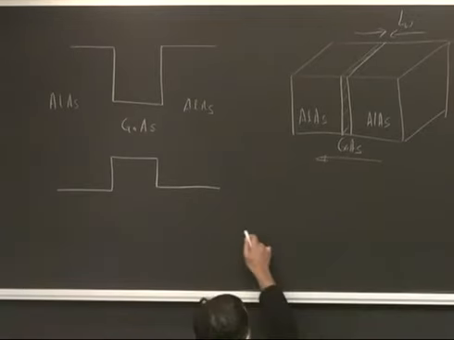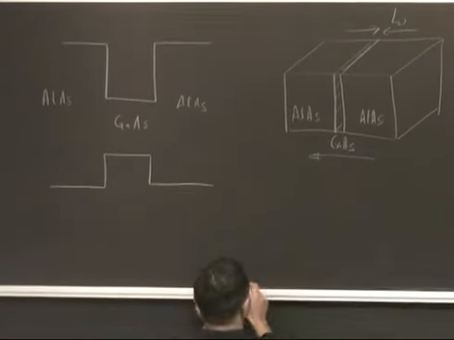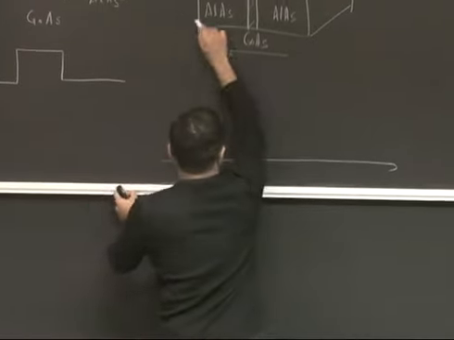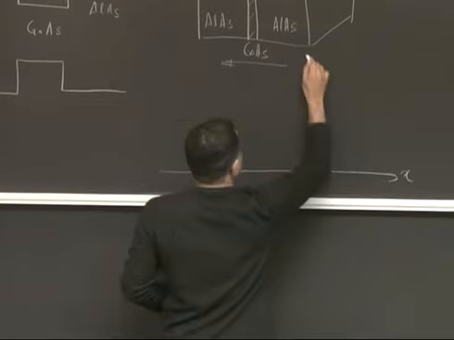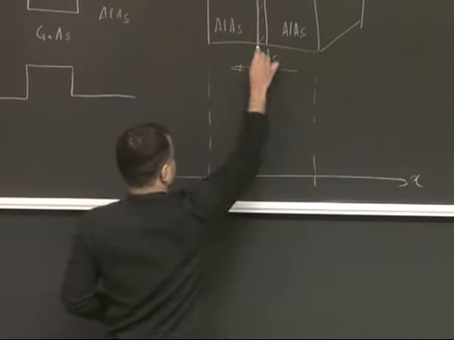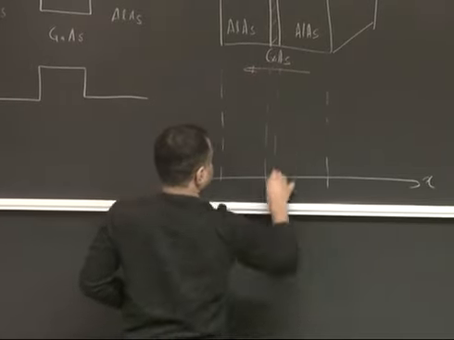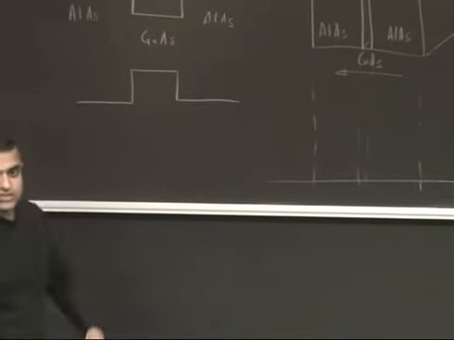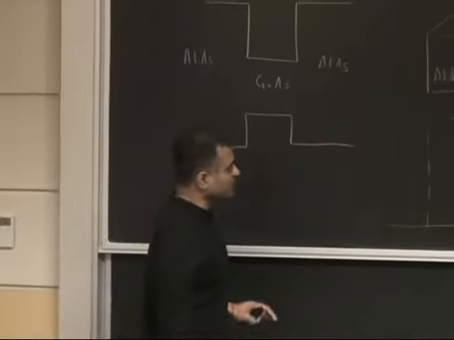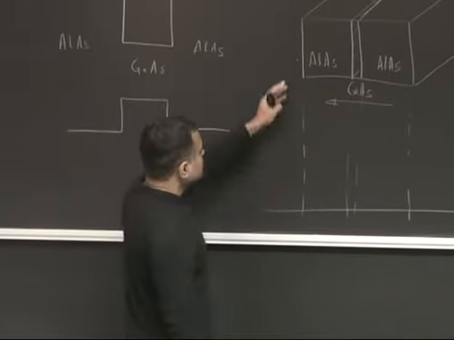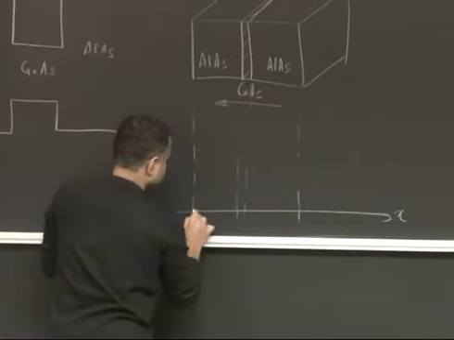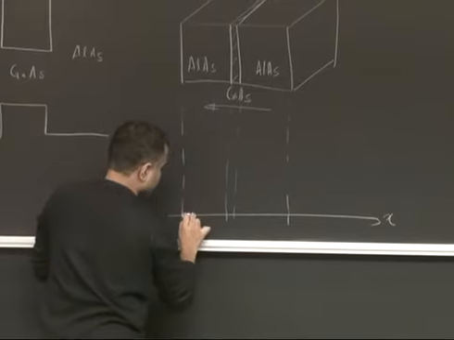Okay, let's sketch it here, right next to it. So here's my x-axis being sketched along this direction. What I'm going to sketch is not just the stuff going on inside the crystal or the material, but also outside, just to look at the orders of magnitude of all the energies. Inside this material, there are aluminum atoms and arsenic atoms.